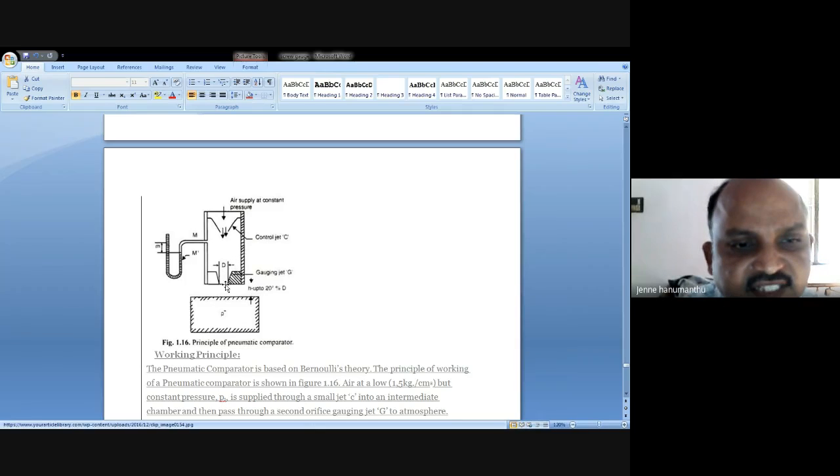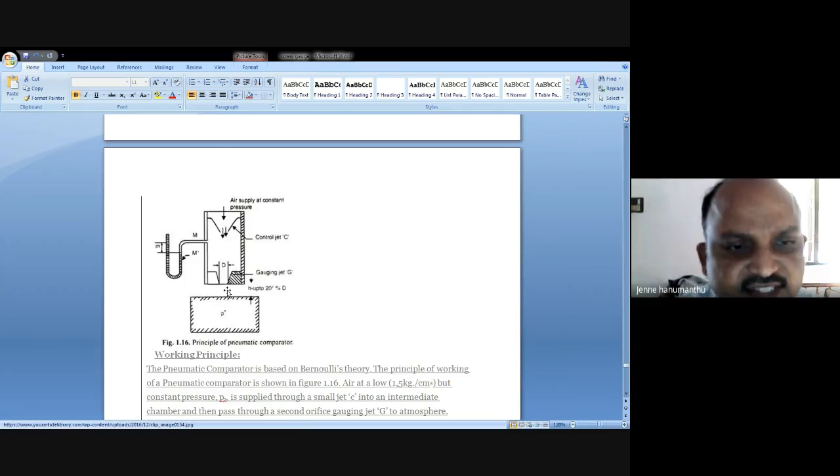And the other opening is called the gauging jet. Through that, some air is let out. So for this workpiece, whose smoothness is unknown, you want to find out the smoothness.